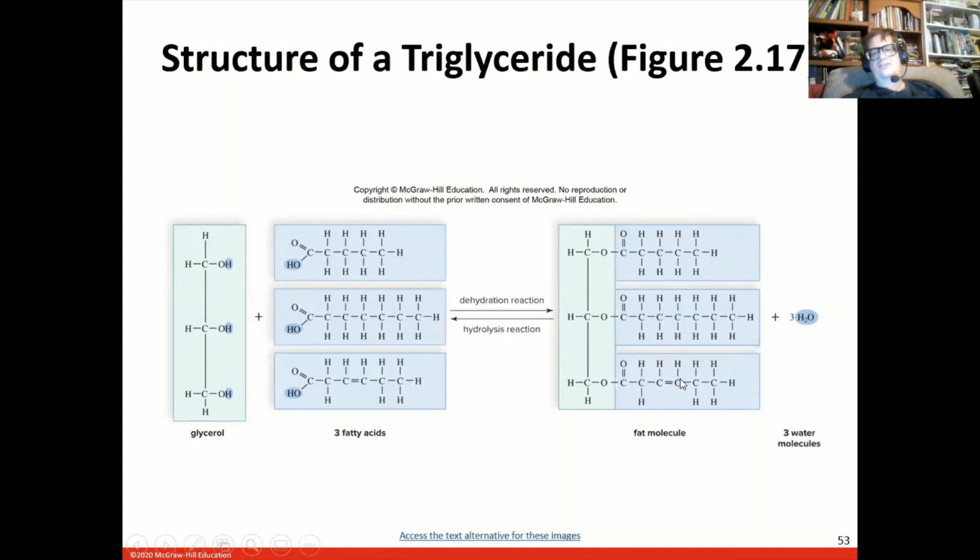But this double bond is special because if you have hydrogens here and not here, the whole chain is going to bend right there, as the hydrogens at the top, their electron clouds try to expand, try to spread out, and there's nothing on the other side to stop them, so you get a bend.